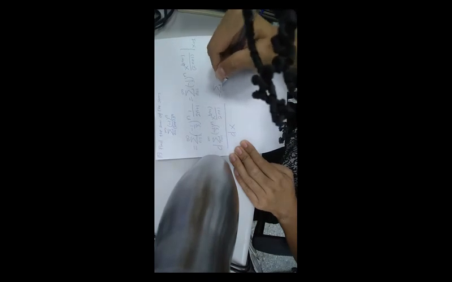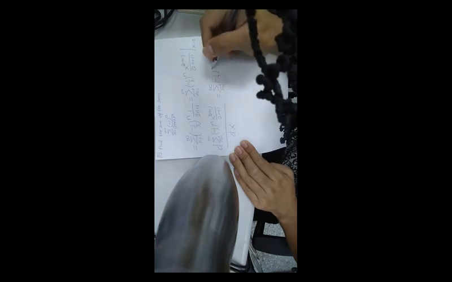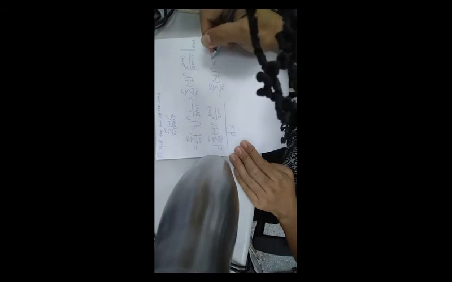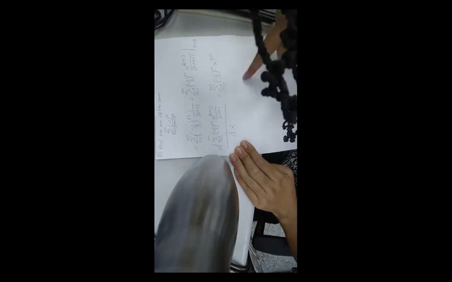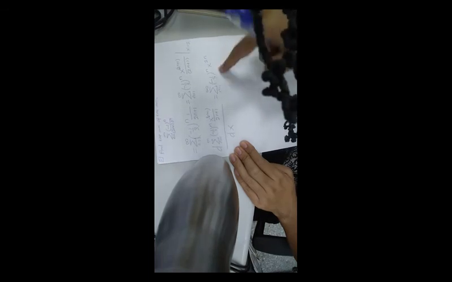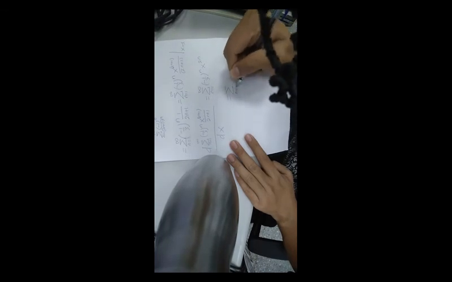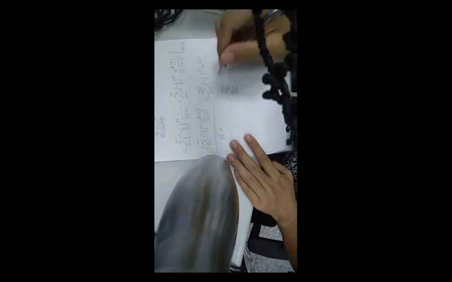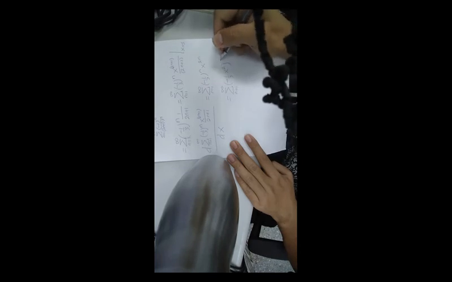summation from 1 to infinity of minus 1 over 3 to the n, times x to the power 2n, right? Which looks nice because it is basically a geometric series. So this is the same as n equals 1 to infinity of minus 1 over 3 x squared to the power n.